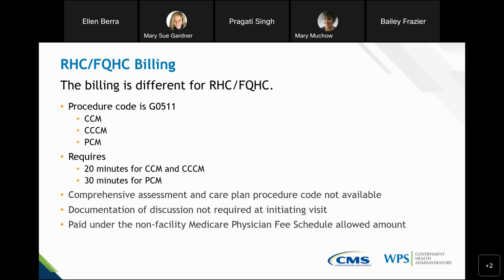For RHCs, the comprehensive assessment procedure code is not available. And then this is paid to them under the non-facility fee schedule amount, as opposed to being part of their all-inclusive rate or part of their prospective payment system rate.